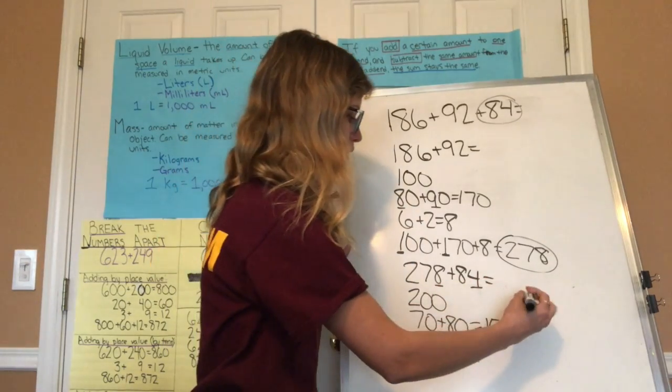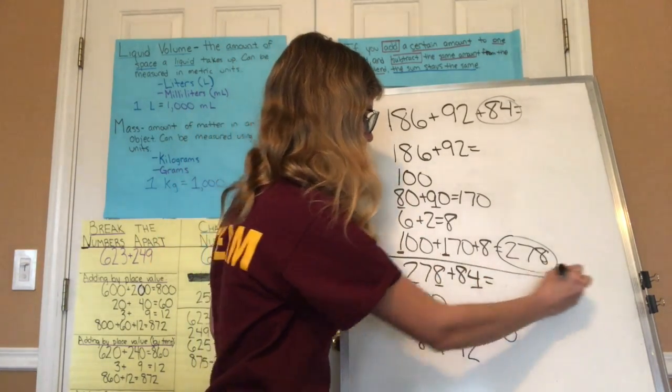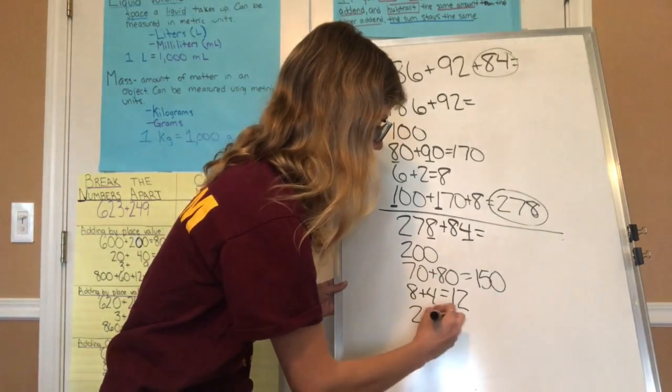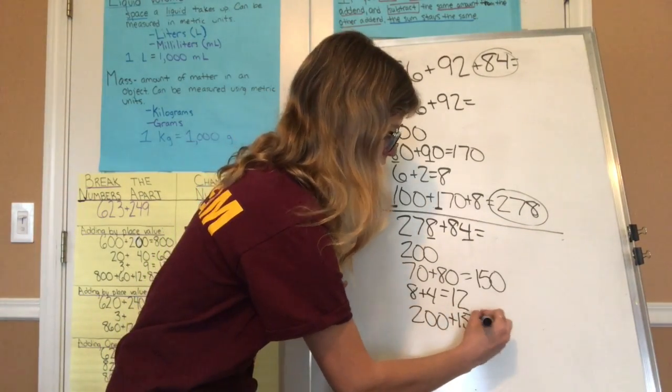So now my equation, I'm going to write it right over here. I'm going to separate the 2 equations. 200 plus 150 plus 12.